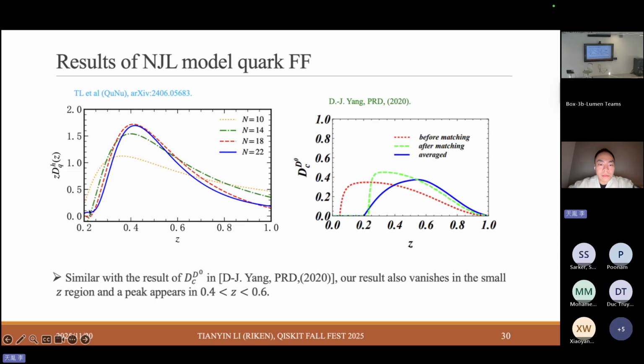Here are our results. We also execute our quantum circuit on a classical simulator, and we find that our result has qualitative agreement with this PRD article.